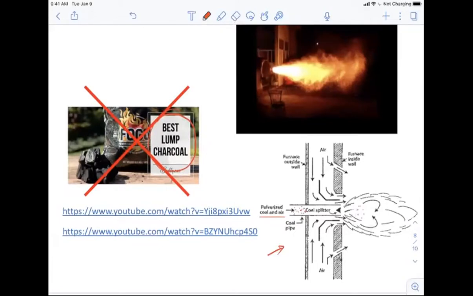At the same time, you could have air injected from the side of the combustor. The air here is going to be introduced at a very large speed. If it has a very large speed, then it's going to create a low pressure zone. So it's going to draw these coal particles into the combustor.